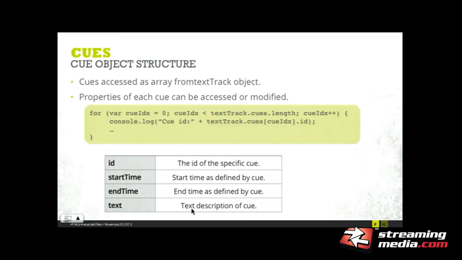You can see here we have the text track in the middle of the for loop, with the limit text track.cues.length, and it behaves just like an array. This is going to give you an array in sequential order of those cues as they're listed in the text track. Here we're accessing the ID property of the cue by saying texttrack.cues[cueIndex].id.